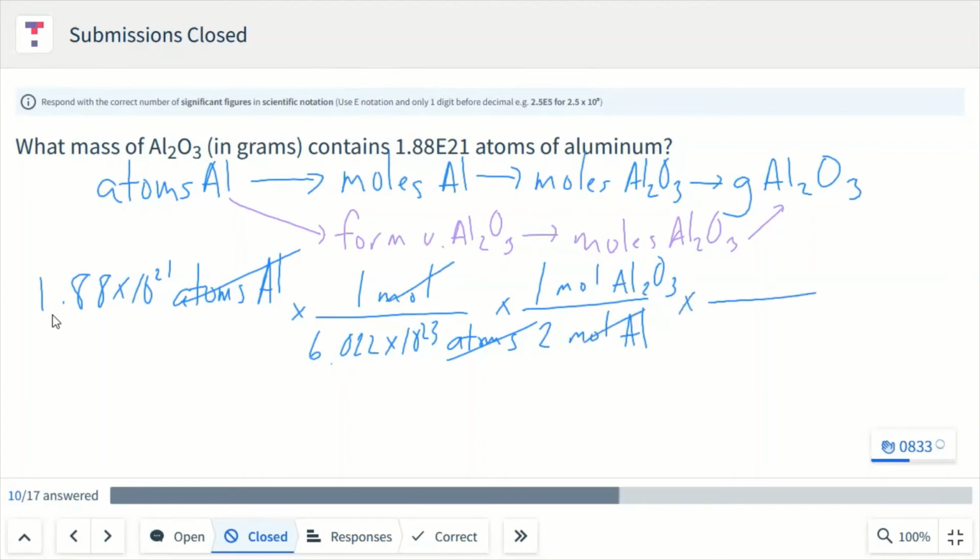And then finally, aluminum oxide. Aluminum is 26.98 times 2. Oxygen is 16. There are 3 of them. Total mass is 101.96 grams.